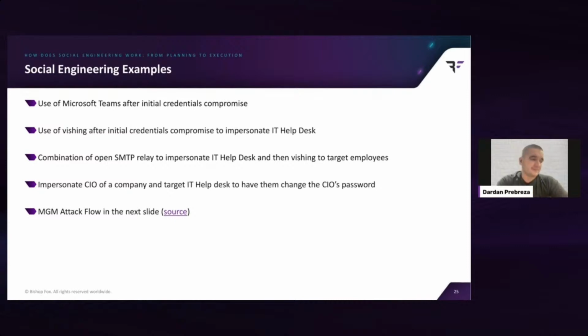Oftentimes, people tend to use easily guessable passwords like the company name, the current year, and a special character at the end, or a season, current year, special character, or a current month, and so on. So the larger the company target is, the easier it is for us to find easily guessable passwords.